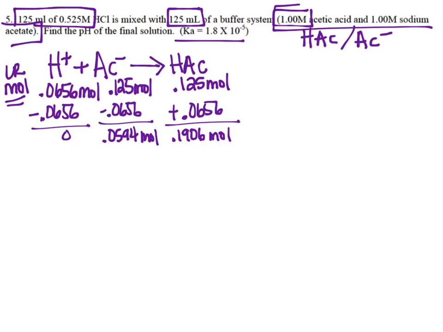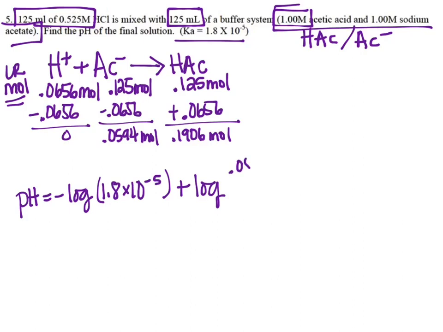So pH is equal to the negative log of our Ka, which is 1.8 times 10 to the minus fifth, plus the log of our ion, which is 0.0594, over our acid, which is 0.1906.